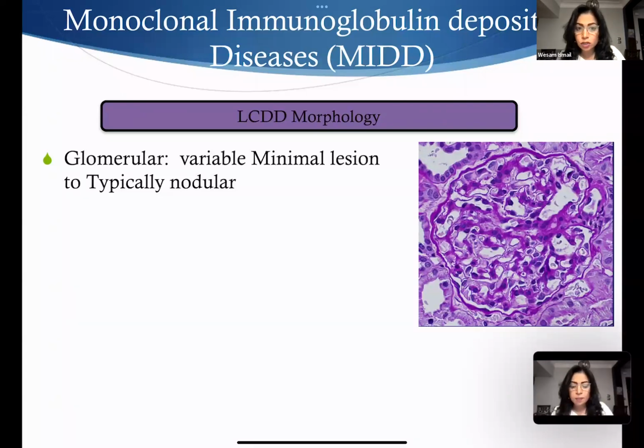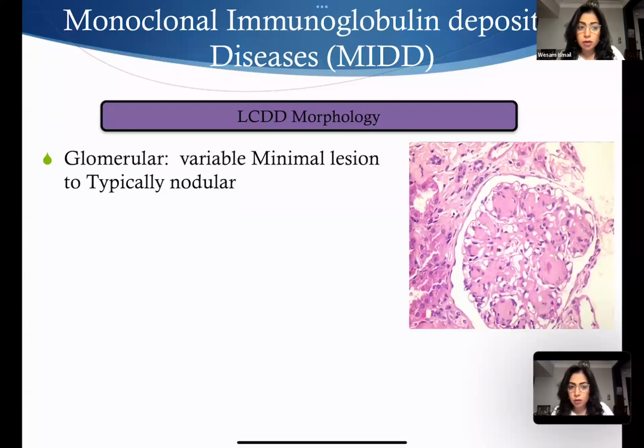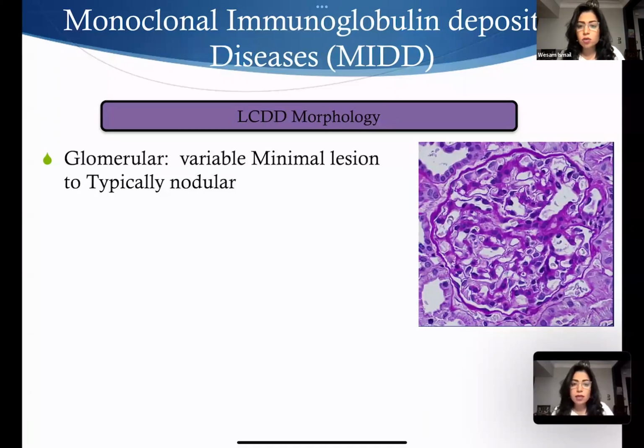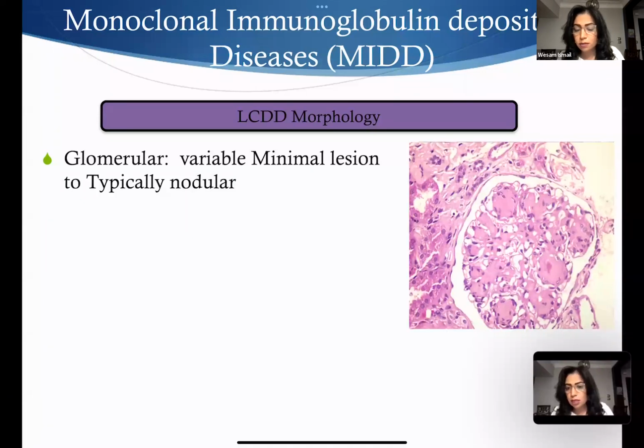In relation to light chain disease, as in our patient, if the glomeruli are involved, which they usually are, you get variable lesions, from minimal, which can almost pass like a normal glomerulus, to a typical nodular lesion, which mimics diabetic nodular glomerulosclerosis. As for tubules, again, it mimics diabetic kidney disease.